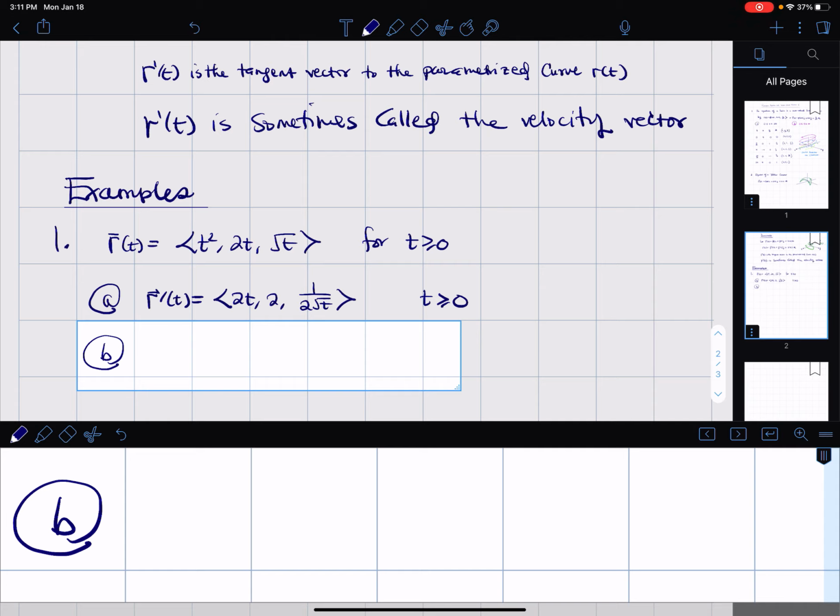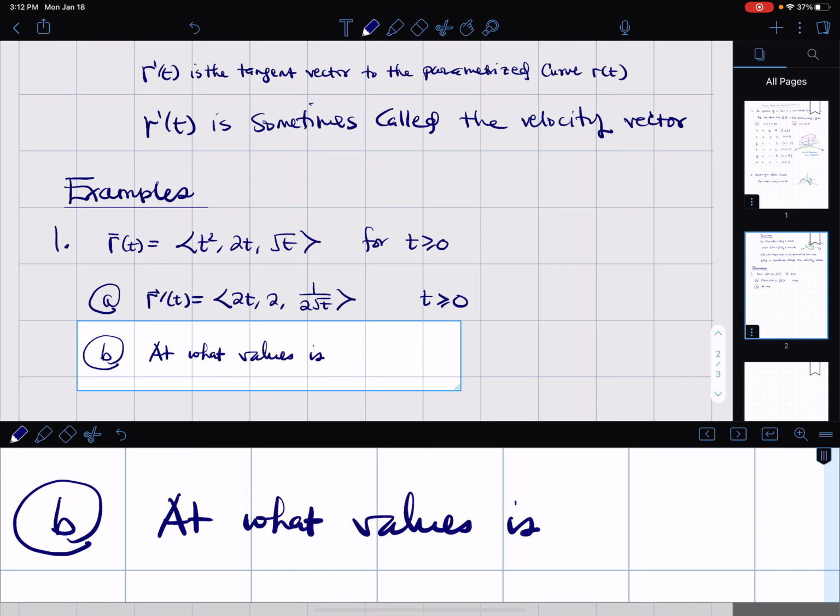Then we can ask ourselves, at what values is r of t differentiable?